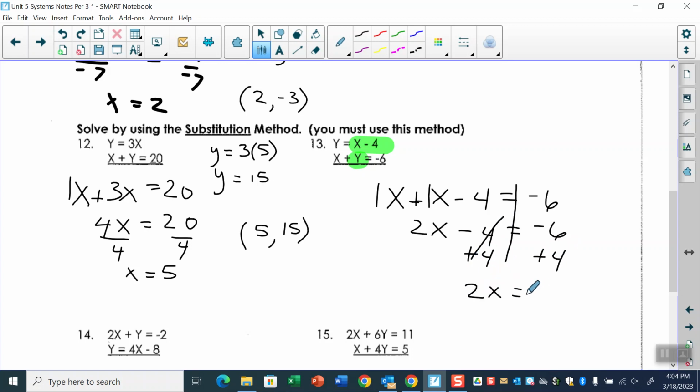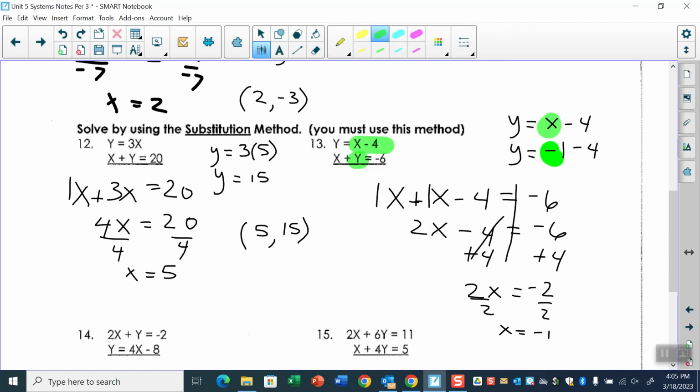Bring down the 2x, and add these together, and that's -2. So x equals -1. Then you go back up to this original equation, which was y equals x minus 4, but instead of x, I'm going to put in a -1. So I'm just substituting here. And so then I get y equals -1 minus 4, which is -5. So the point where they intersect would be when x is -1 and y is -5.